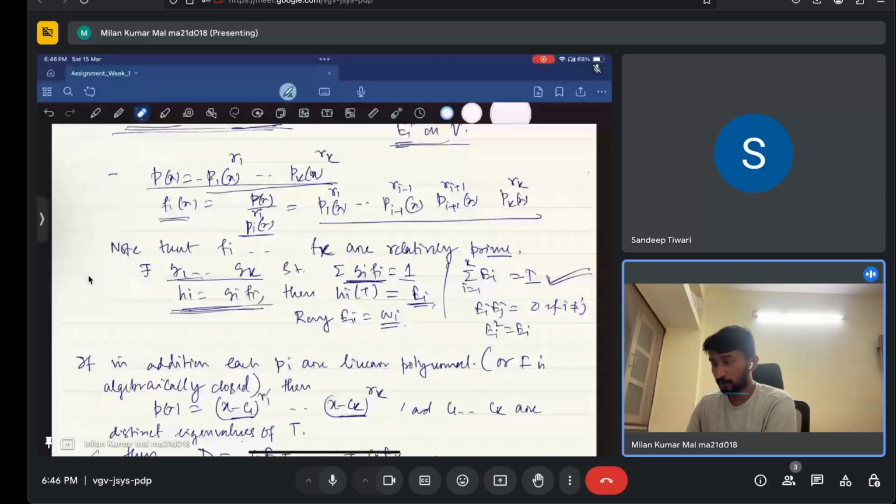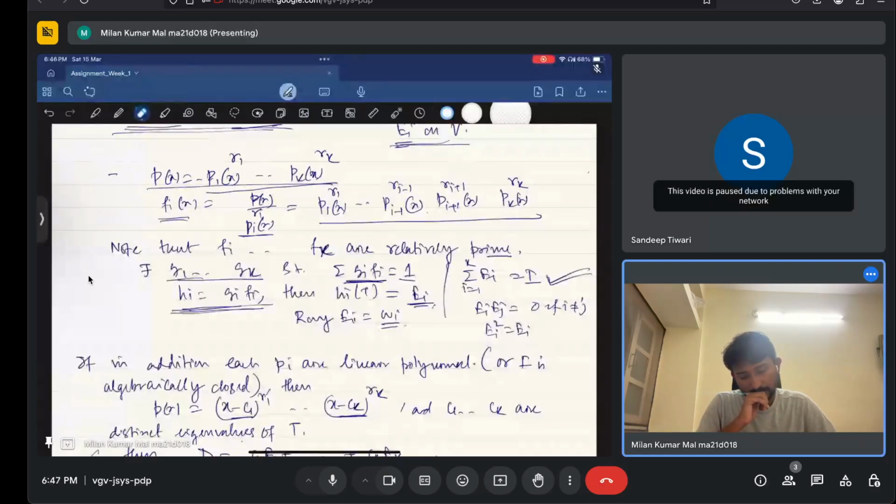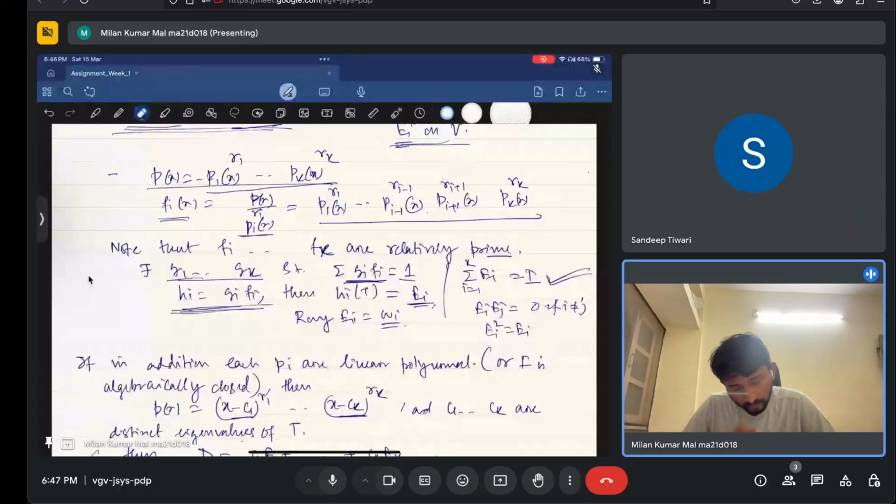We have a formula, I think. So here we have to find g1(x) and g2(x) such that these two will work.